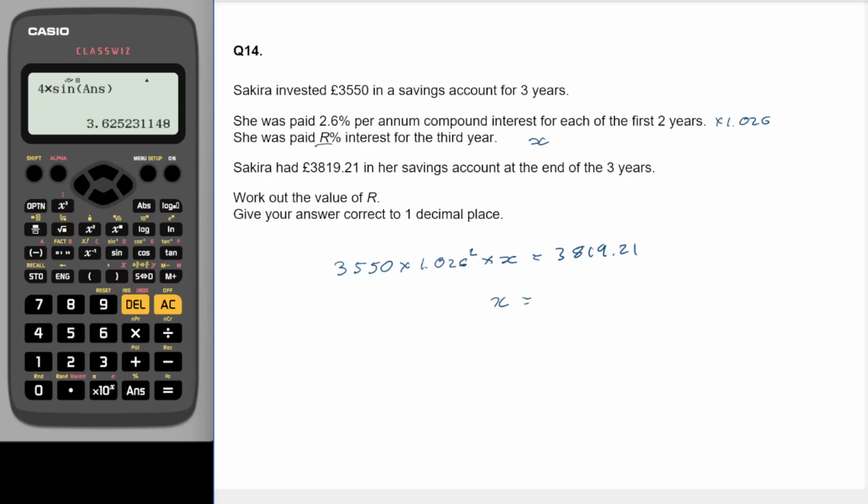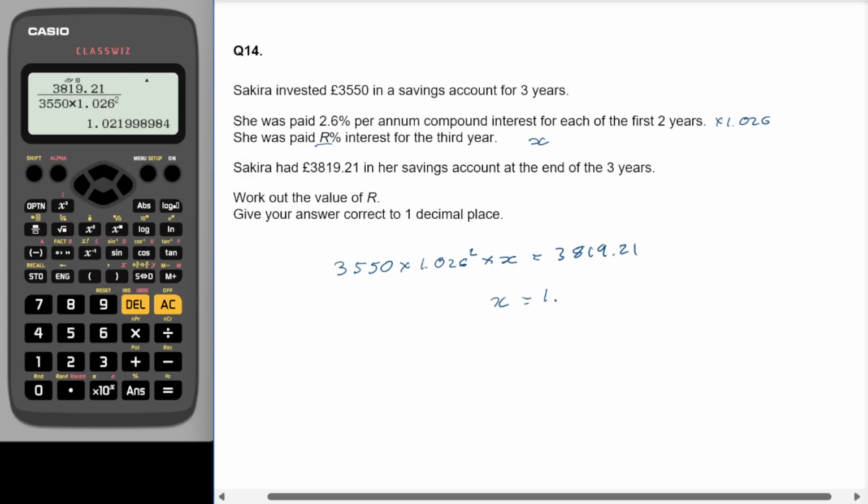So I'm going to jump straight to x. I'll type it in as a fraction, saving me having multiple working lines: £3,819.21 divided by £3,550 times 1.026 squared.